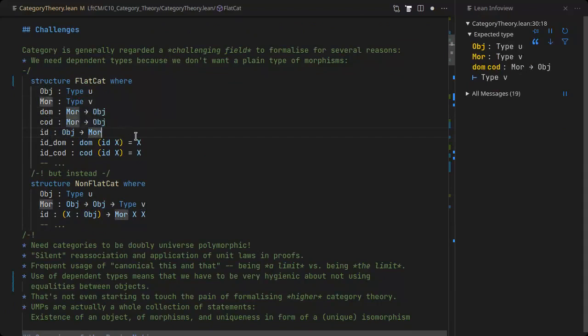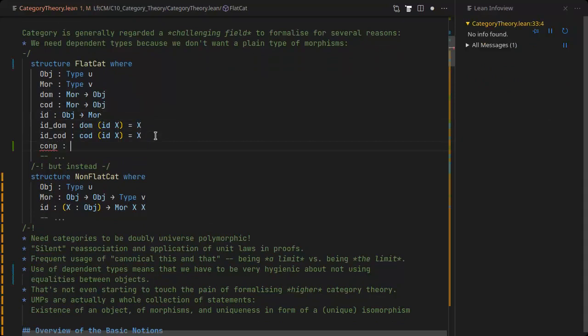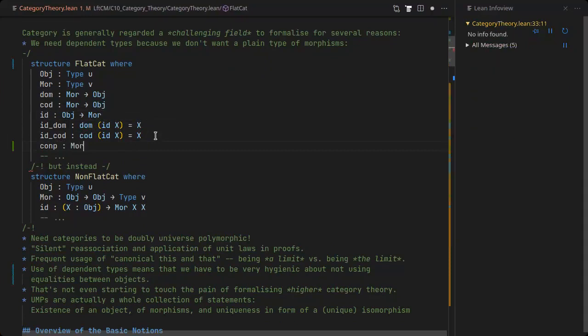So far, so good. But then you need a whole bunch of equalities. You need that the domain of the identity at x is x. You need that the codomain of the identity at x is x. And that's only for the identity. If you wanted to write the composition, you would have something of type mor to mor to mor.